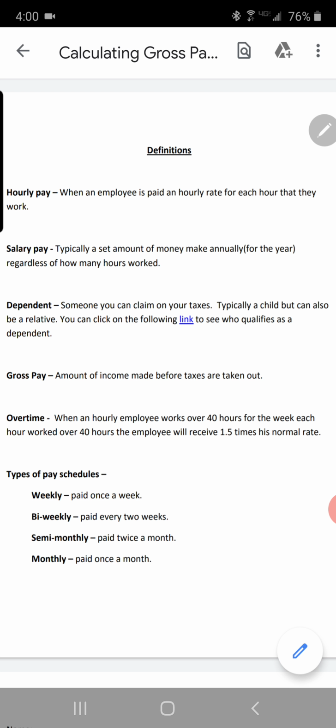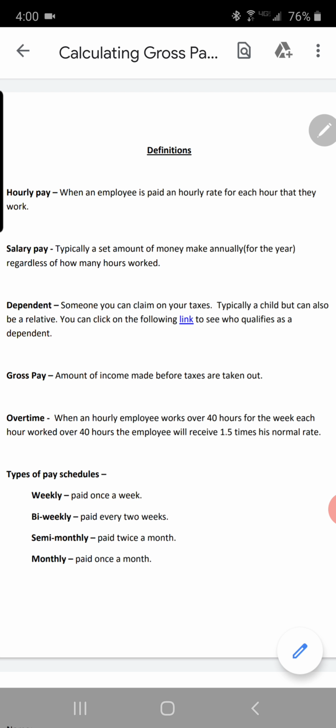Well, of course, that's 8 hours of overtime. Well, you'll get 1.5 times your normal rate. So let's say you make, easy number here, $10 an hour. Well, instead of making just $10 an hour, you'll be making 1.5 times that, so $15 an hour for those 8 hours that you worked overtime. So it's good to get overtime if you can. You just get paid more in the long run.